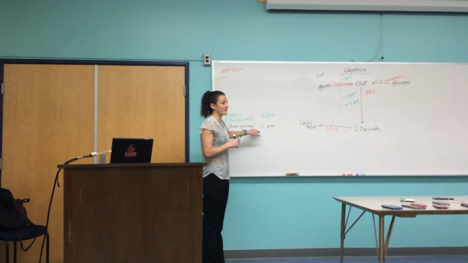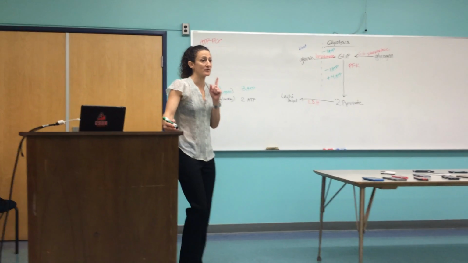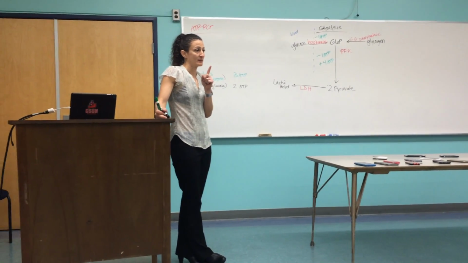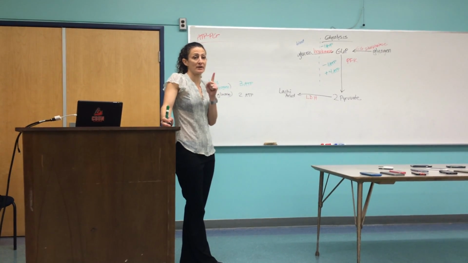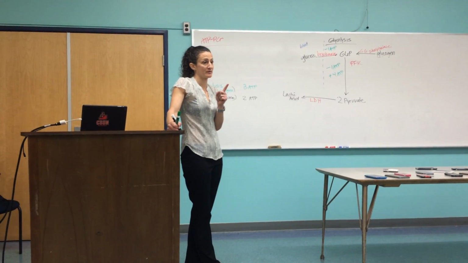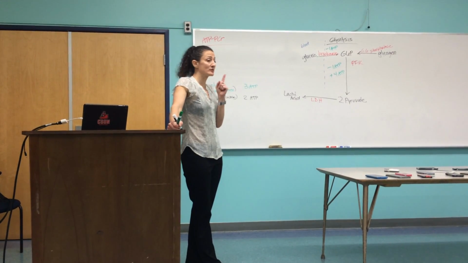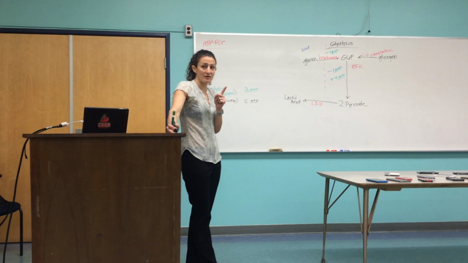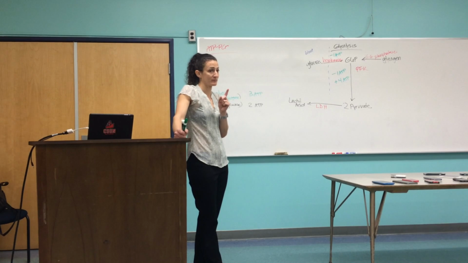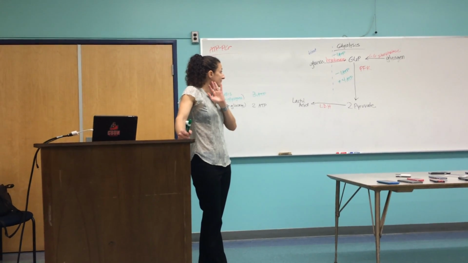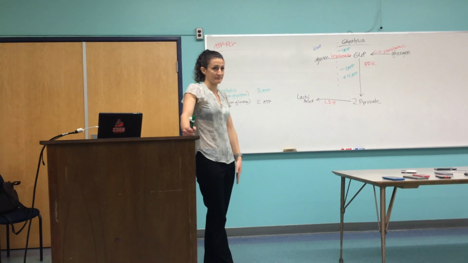I'm not going to add those together because I'm going to follow one molecule of carbohydrate through glycolysis. So if we have one molecule of glycogen going through glycolysis, how many ATP do we end up with? 3. If we have one molecule of glucose going through glycolysis, how many ATP will we end up with? 2. Okay. That's all you need to know as far as glycolysis.